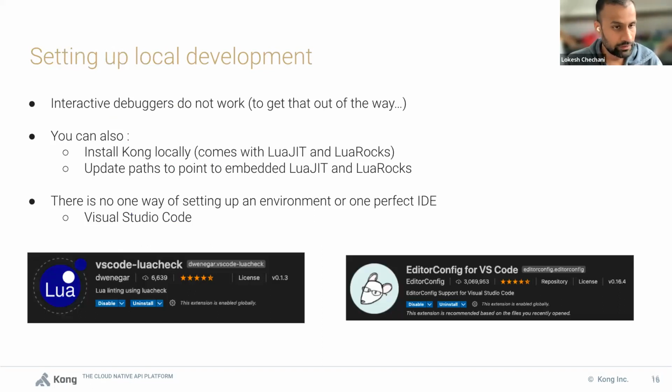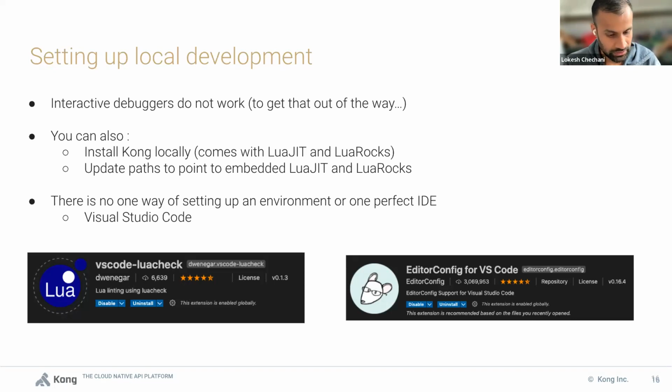For local development for Lua, we build the plugin in Lua itself. So there is no interactive debugger available, because Lua works as an extension of your existing language. So yeah, you have to live with it. You can also install Kong locally, because you can install with LuaJIT and LuaRocks.